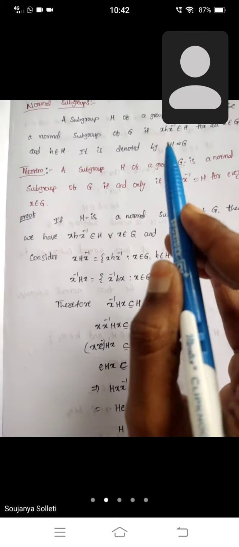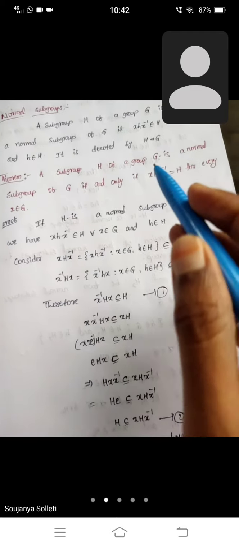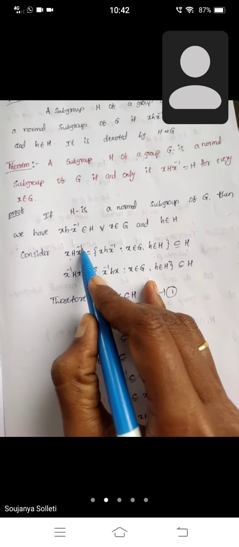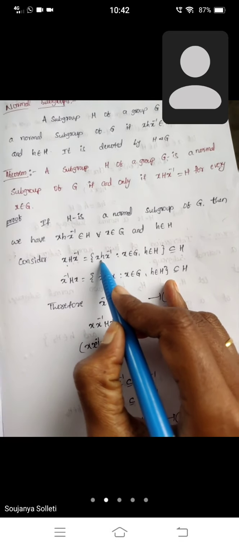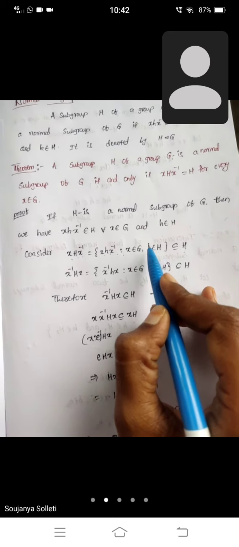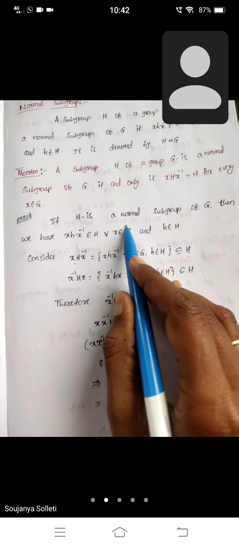Then it is called a normal subgroup. So consider, given that x h x inverse, such that x belongs to G, h belongs to capital H, as per the definition.